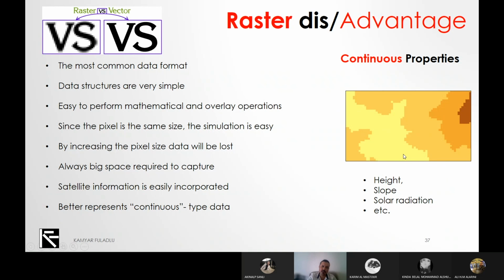Besides, it is the most common data format. As you can see, if you take a picture, if you go to scanning, everywhere, it is a very common data format. The data structure is very simple because it is a single layer. You don't have any different layers, all of them are in one layer.